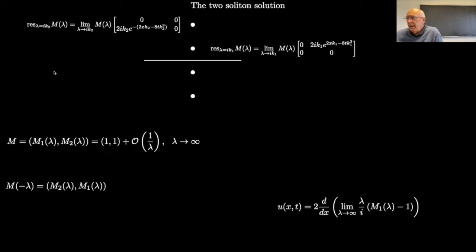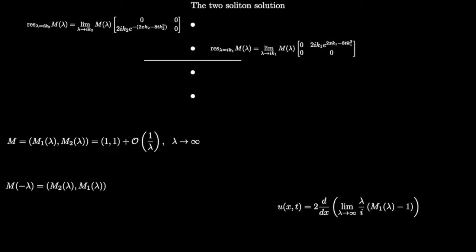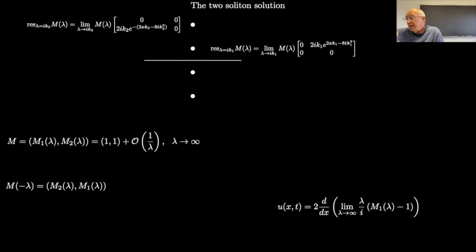So M is a row vector of size 2, and each entry is analytic in the complex plane except for two poles: the pole at K1, which is this place here, and a pole at K2, which is here. And then there are two poles in the lower half plane that are symmetric.